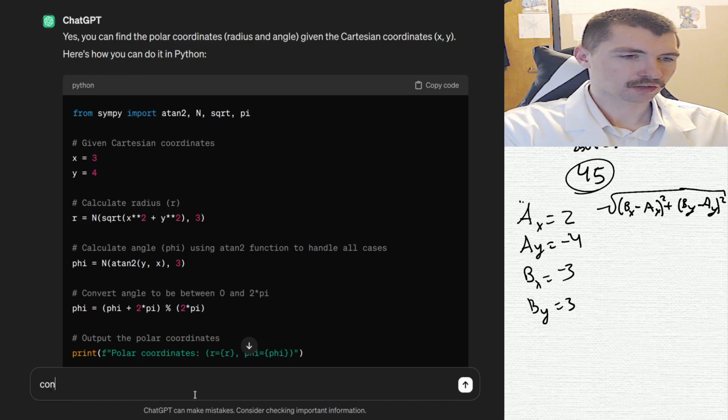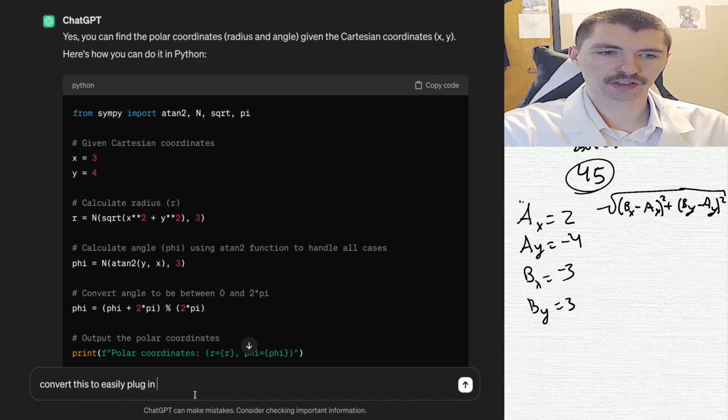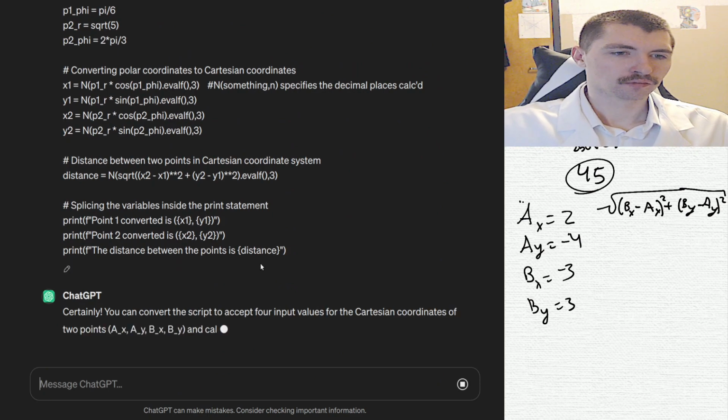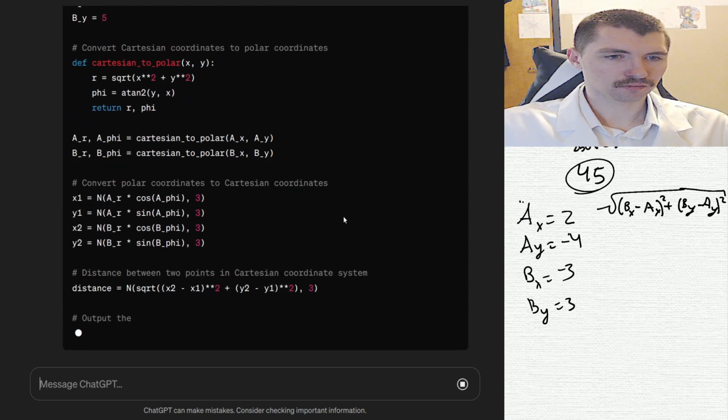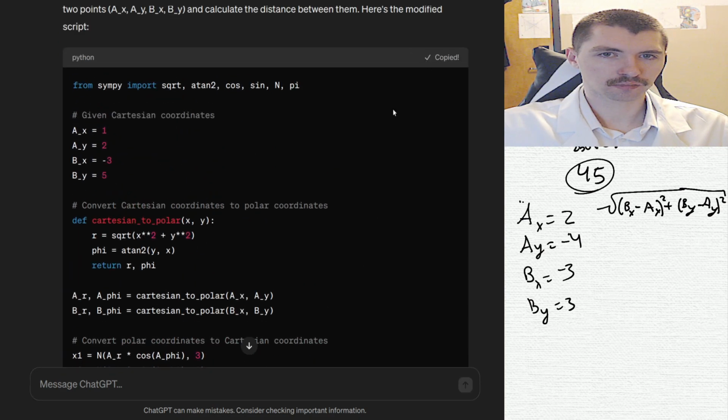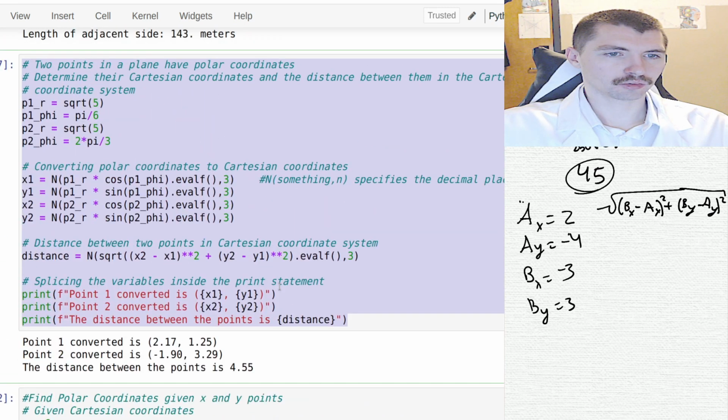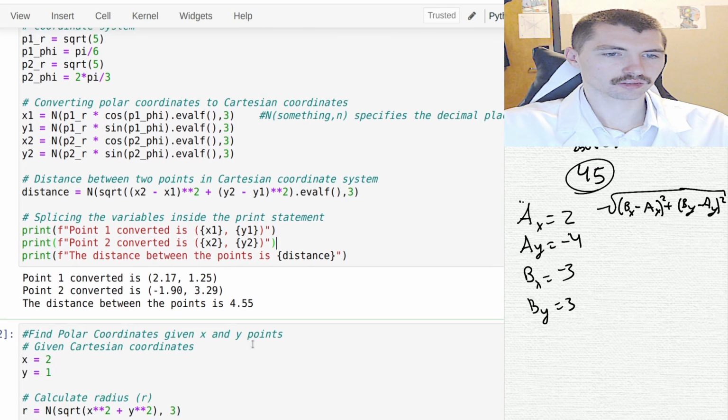Okay, so convert this to easily plug in values for x and y. Let's insert below.